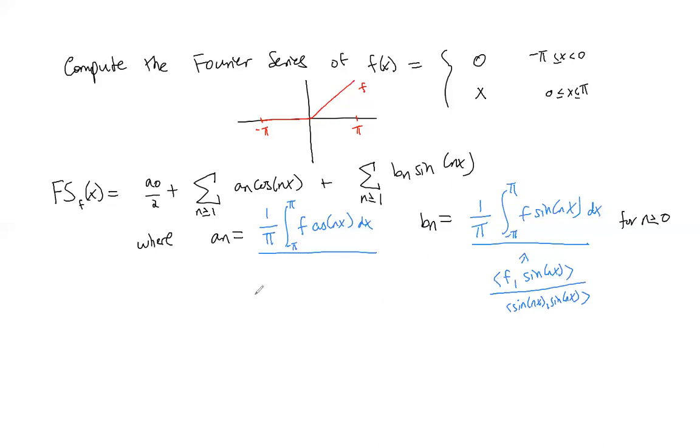Okay, so this is for all n greater than or equal to 0. These are the formulas, and this is the formula for the Fourier series. And so now we can just compute them. Why don't you start working on that, and I'll work through it as well slowly. I'm going to do it on another page to make it a little cleaner, and then I'll come back to this page. So I'll just copy what we have so far.